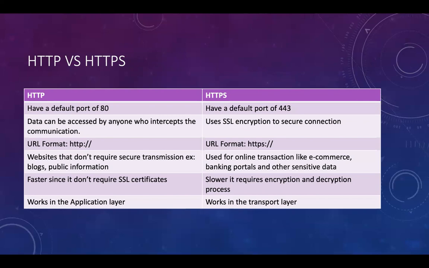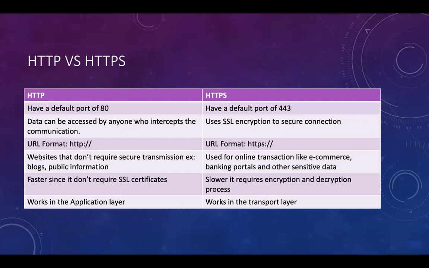HTTPS uses SSL encryption for a secure connection, and HTTP data can be accessed by anyone who intercepts the communication. HTTP uses http:// as the format, and HTTPS has the S at the end.